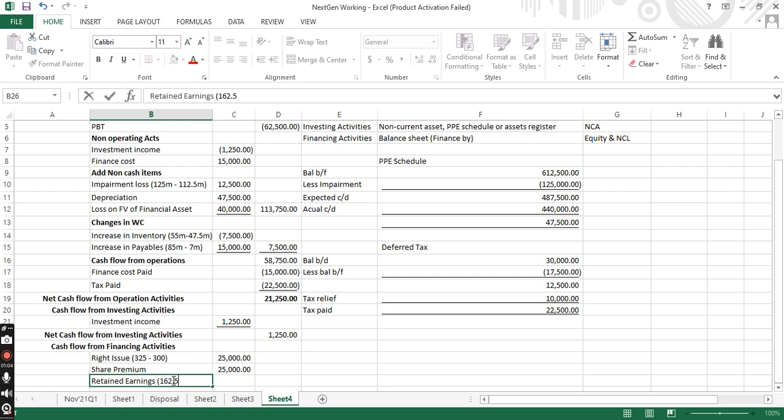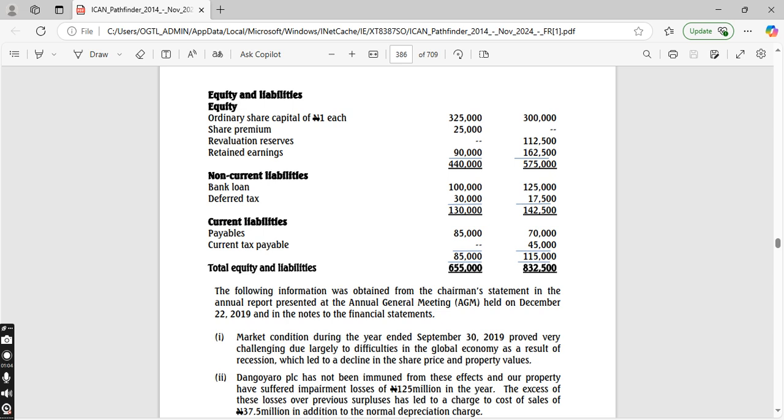I think 162.5. Who is checking the question for me now? What's the retained earning at the end of the year? 90,000. At the beginning, 90,000 or... Okay, at the beginning was 165. 162.5 at the beginning. The end was 90, right?